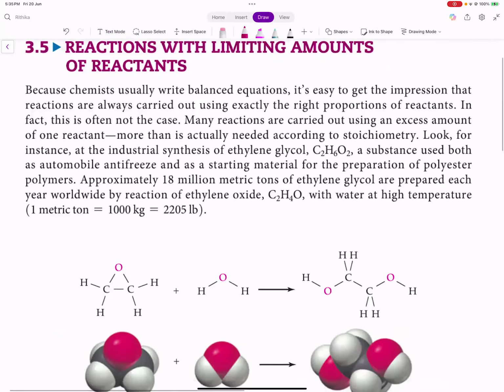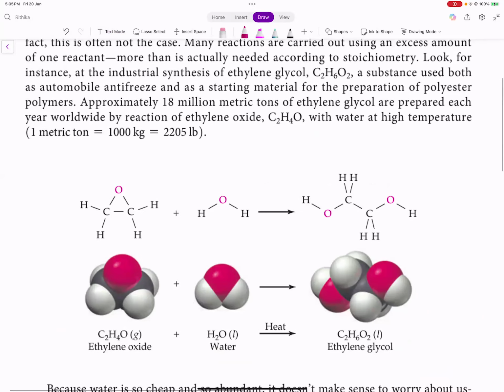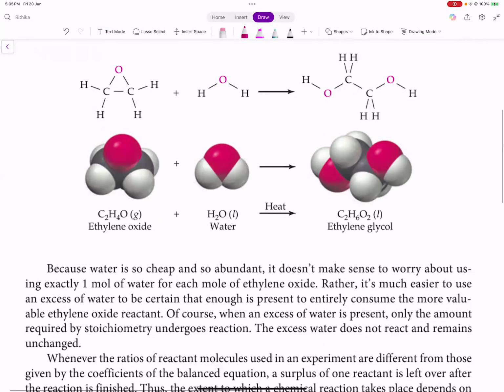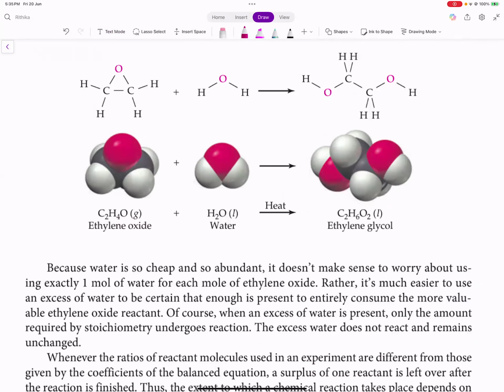for example, if I'm making ethylene glycol, this is a reaction where I'm treating ethylene oxide, C2H4O, with water. Let us say ethylene oxide is a relatively costly substance compared to water. So I will use excess of water, a lot of water, because I don't want any molecule of ethylene oxide to go free.